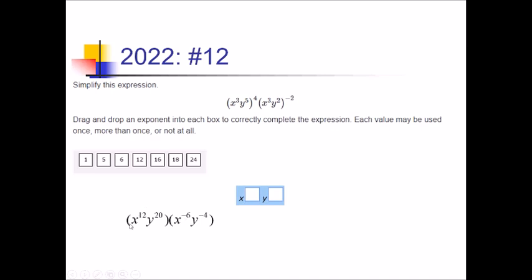So this is going to be x to the 12 plus -6, or 12 minus 6, or just x to the 6. Here we've got y to the 20 plus -4, so that's going to be y to the 16. And I have no negative exponents, so I'm actually all set with this problem. 6 and 16 are the numbers that you would drag and drop into those boxes there.